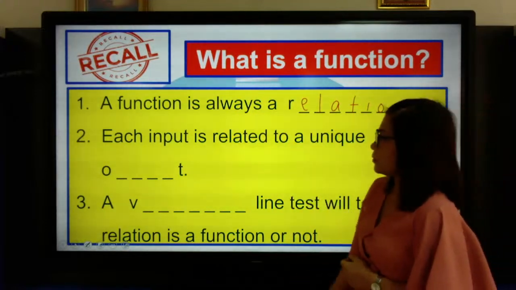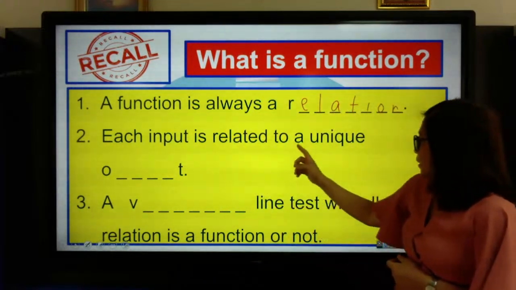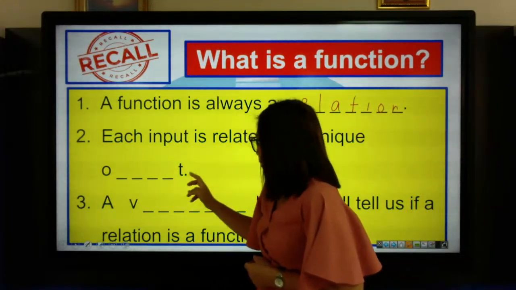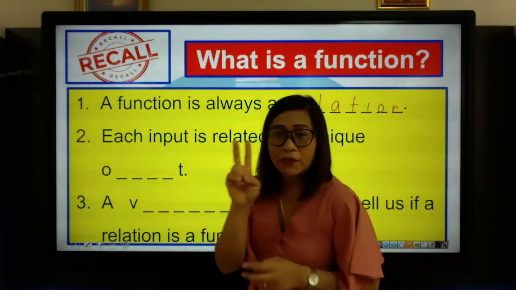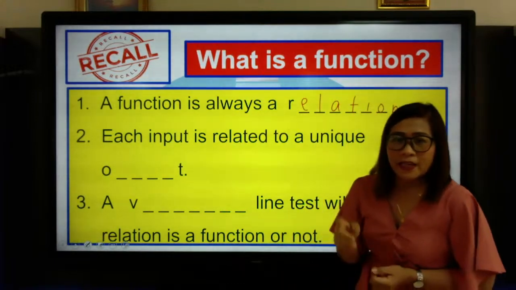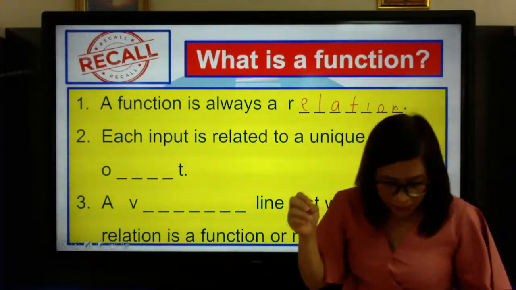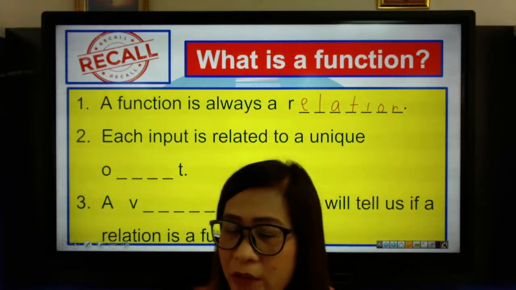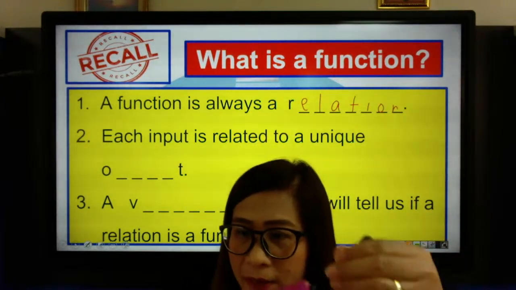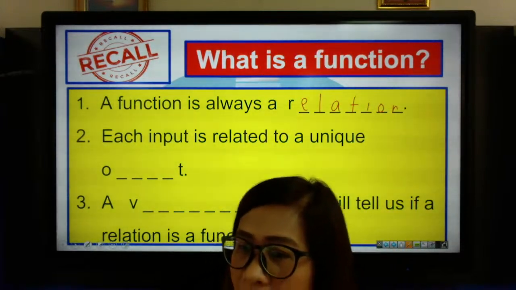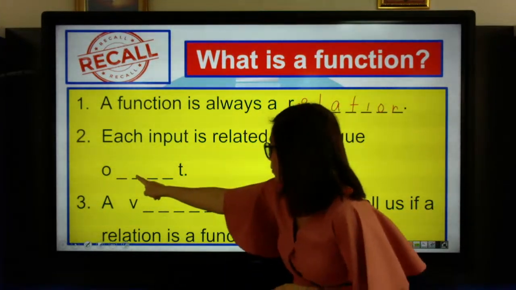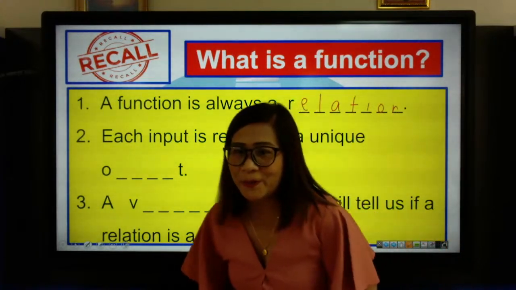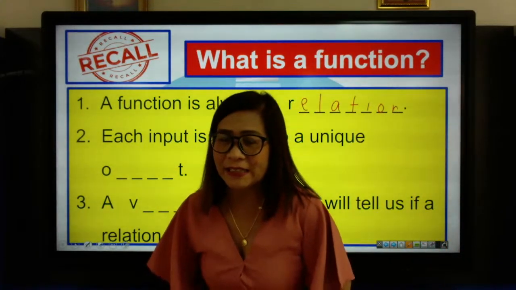Okay, number 2. Each input is related to a unique blank. Who can answer for number 2, students? What's the word? Can you type the word? Okay, do it now. Okay, correct, from room 1, number 29.